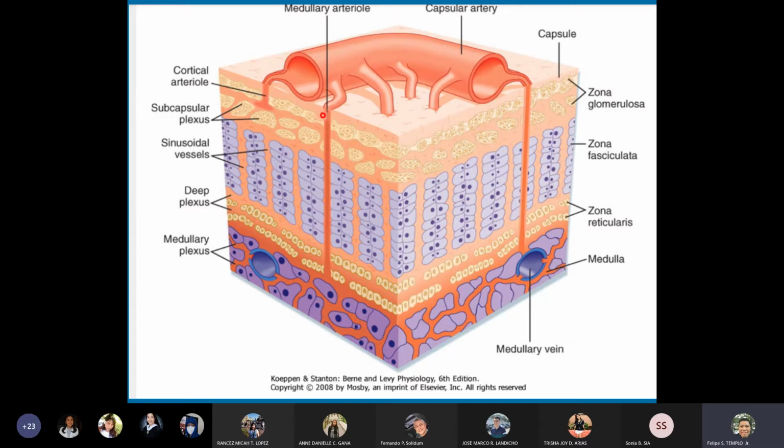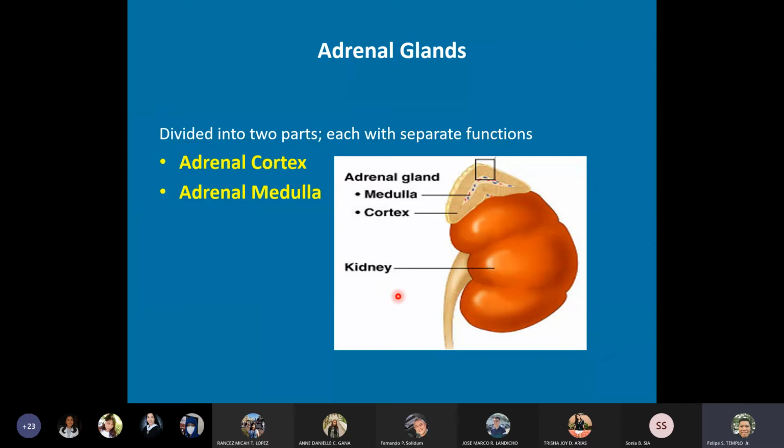The purpose of this, as we will see later, is that during the stimulation of your epinephrine or catecholamine release, you also require cortisol for that. So it's important that the blood supply from the cortex percolates deep into the medulla, because that is necessary for the synthesis, and at the same time it is important for the integrated response to stress. Again, this is a cortex, medulla, and the kidney.